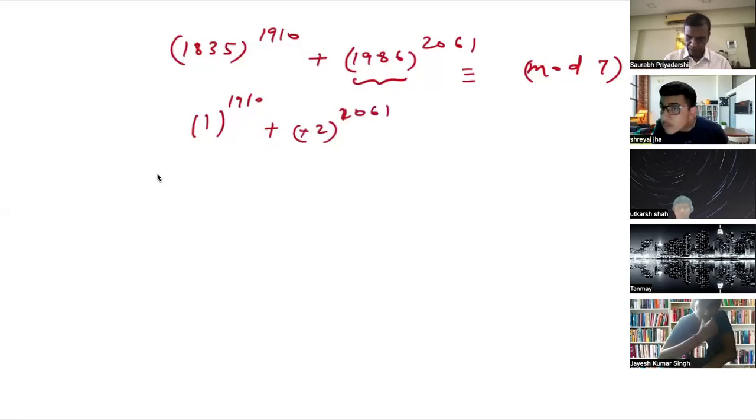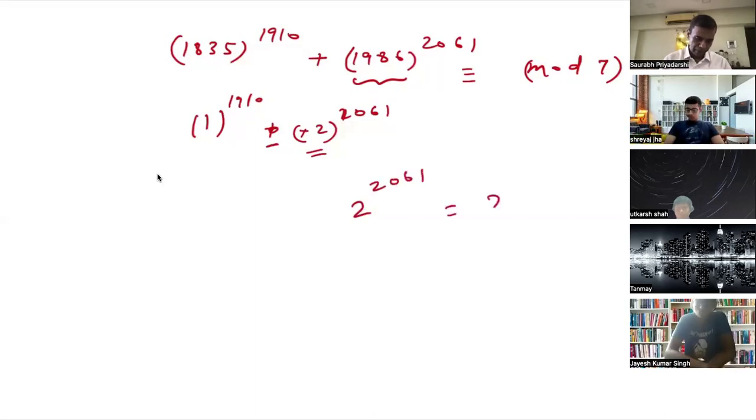Now we have to write 2061. Right? Can I write this as 2 cube to the power? Something like this. And this is 1 only, right?